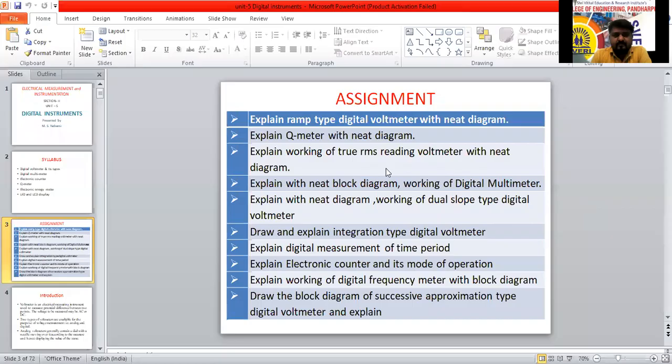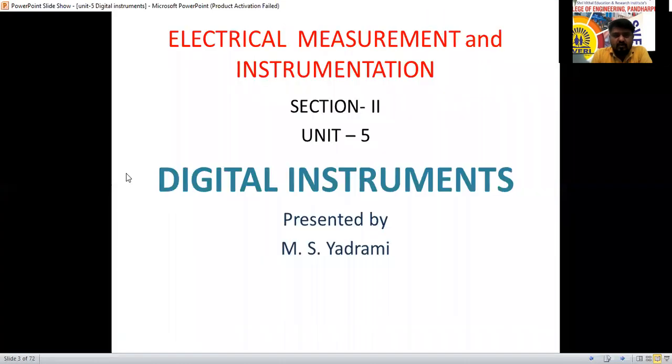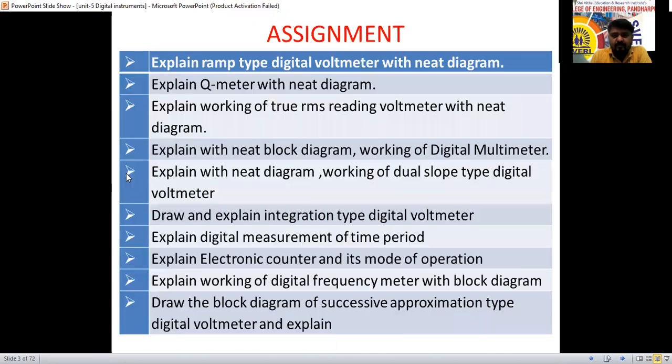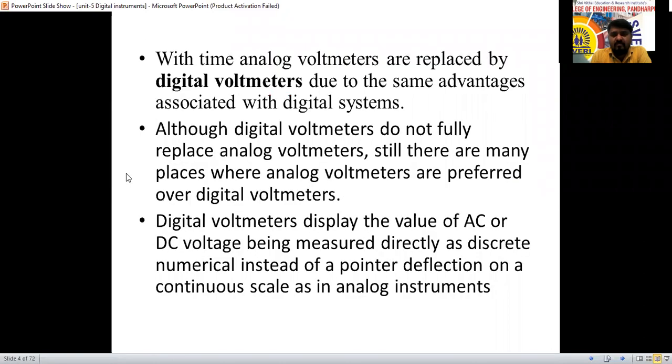Now, let me check it. Which one is visible now? Assignment. Assignment only? Then it is a problem. Now see which one is visible? Syllabus. Now which one is visible? Assignment. Assignment is visible now? Yes, sir. It is changing?